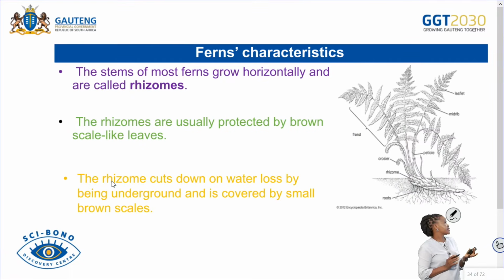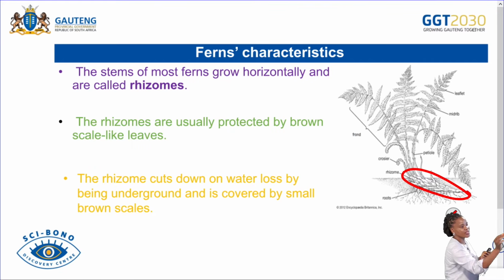Now, stems of the ferns usually grow horizontally, and they are called rhizomes. That's what I've spoken about earlier on. What you need to know about the rhizome is that it is protected, or covered, by brown scale-like leaves.